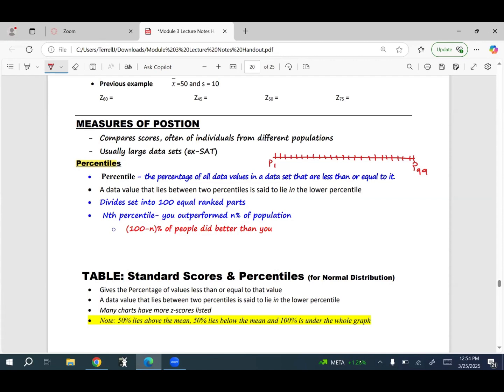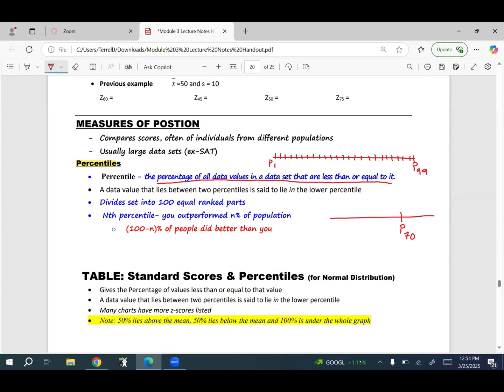The percentile is the percentage of all data values in a data set that are less than or equal to it. So for example, if I was in the 70th percentile, we do see percentiles often. Let's say you're taking a standardized test like a SAT. You'd get your results, and your results would also indicate what percentile you were in.